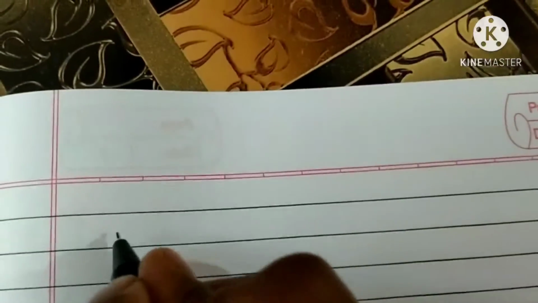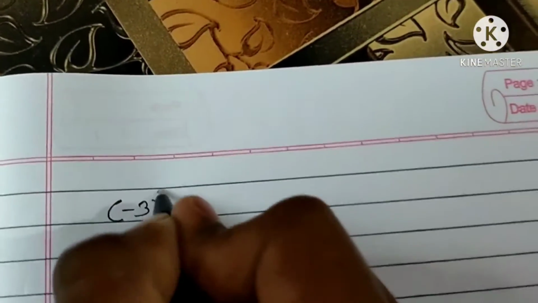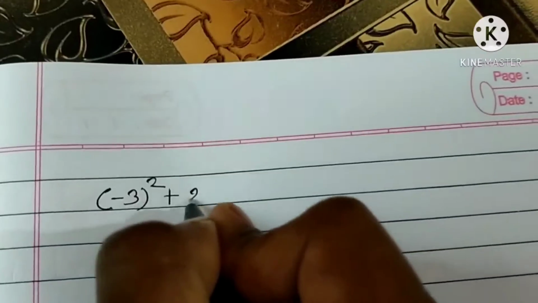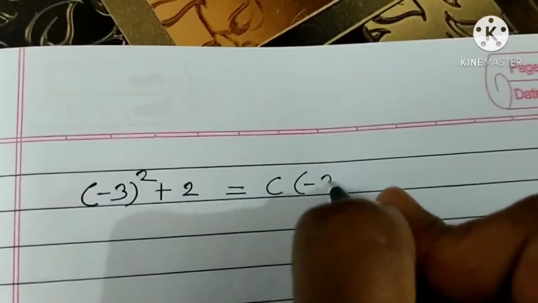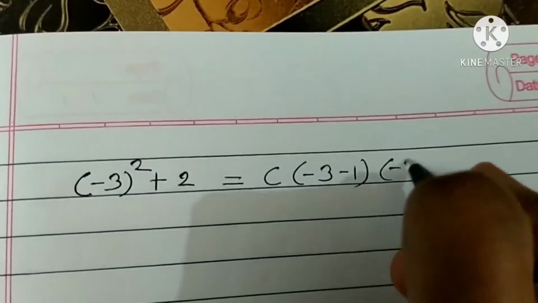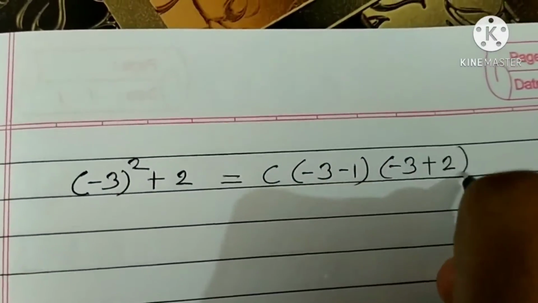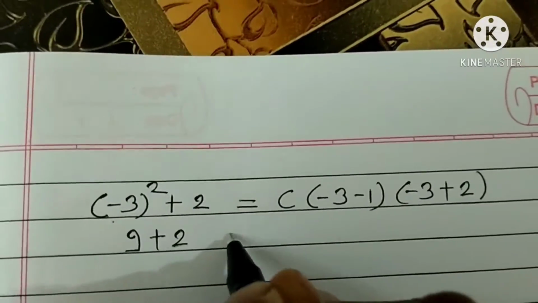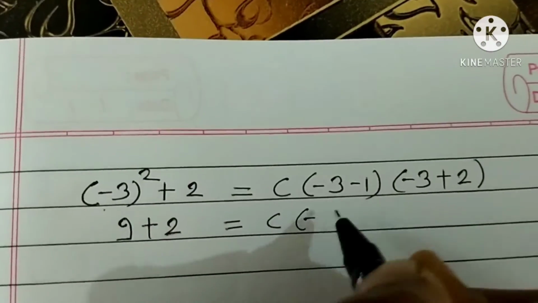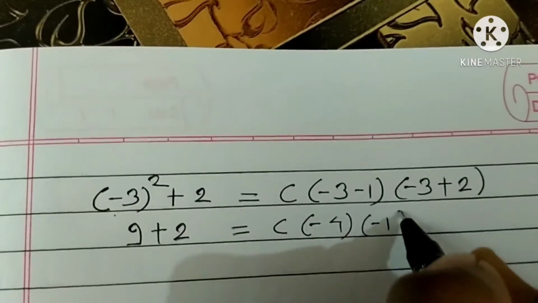So right here minus 3 square plus 2, which is equal to C into minus 3 minus 1 minus 3 plus 2. Okay. So minus 3 square is 9 plus 2, which is equal to C minus 4 minus 1.